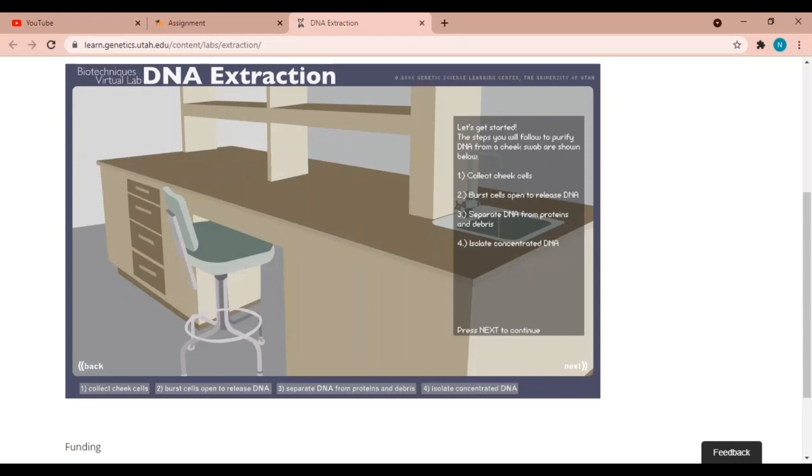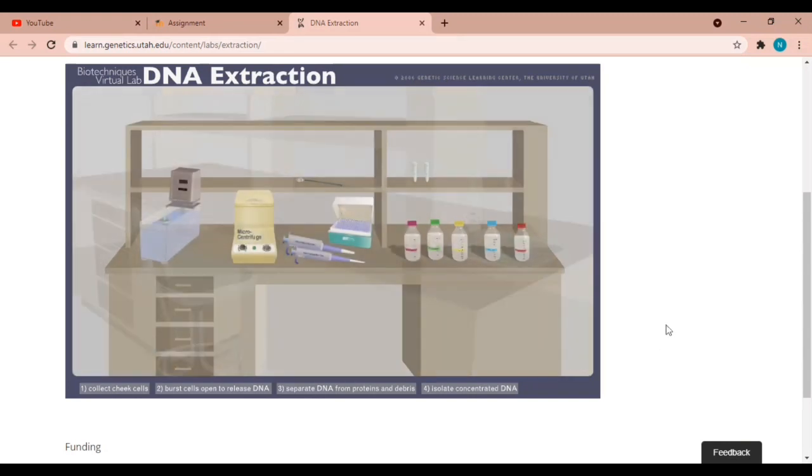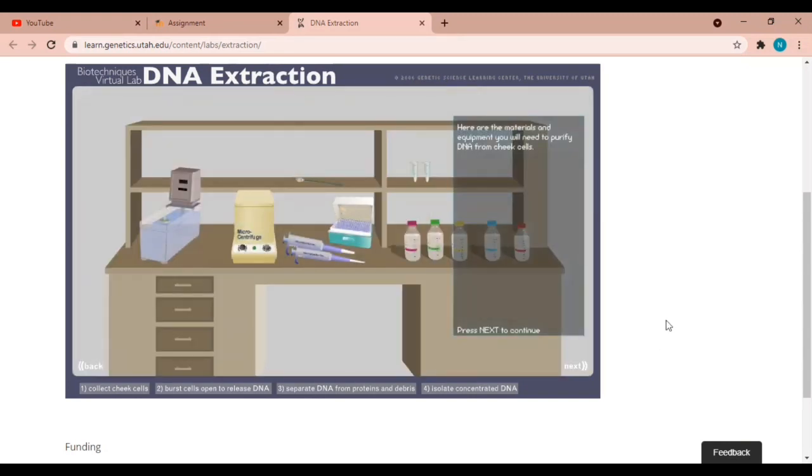First, collect cheek cells. Second, burst cells open to release DNA. Third, separate DNA from proteins and debris. And lastly, isolate concentrated DNA. Press next to continue.